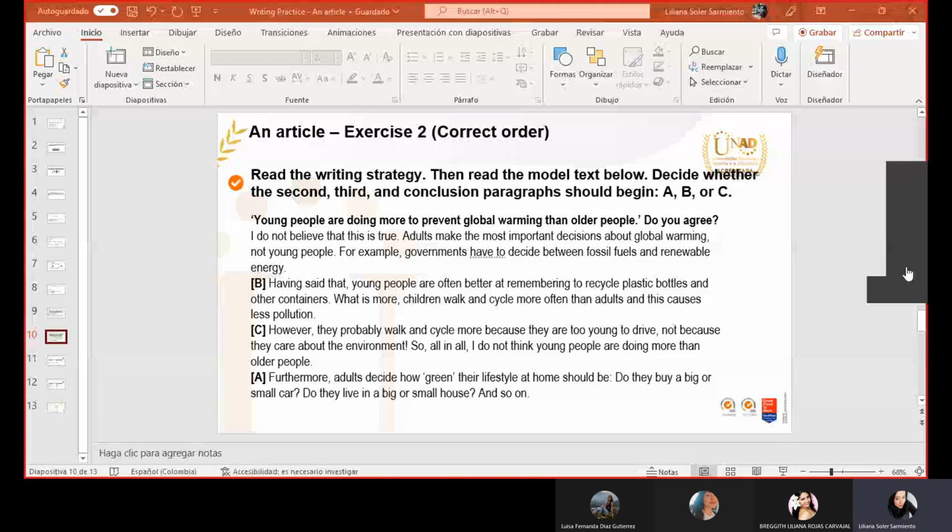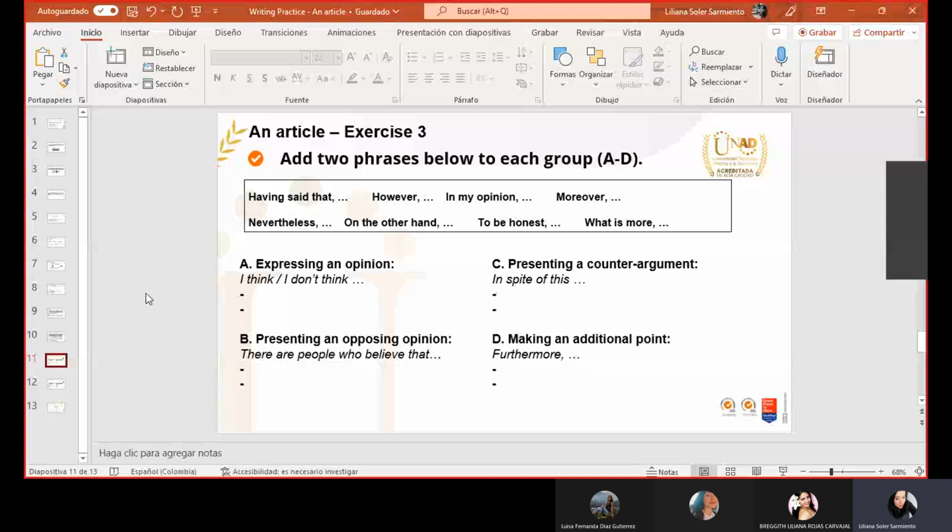Okay, the last exercise consists of adding two phrases from the box below to each group, A, B, C, or D. For example, the first group contains expressing an opinion. For example, I think or I don't think.